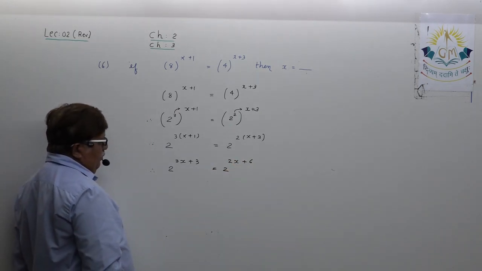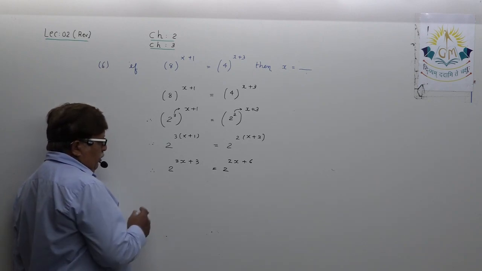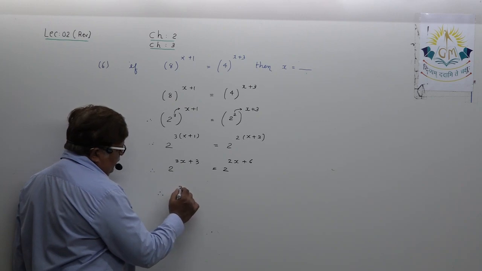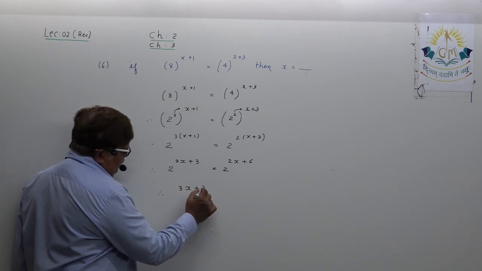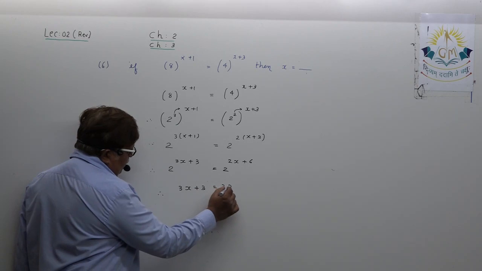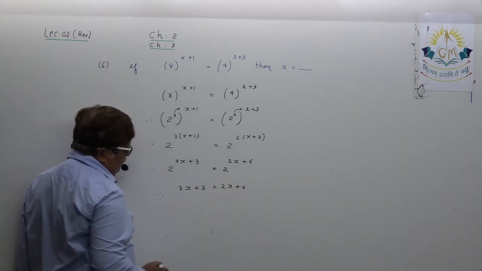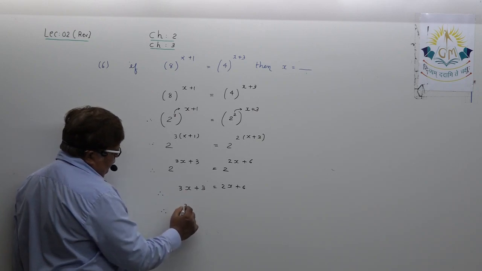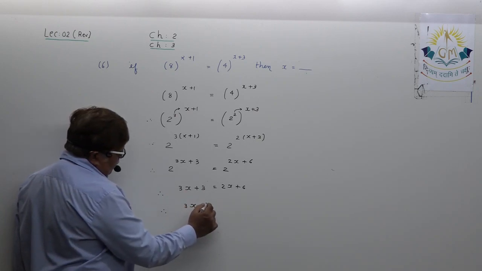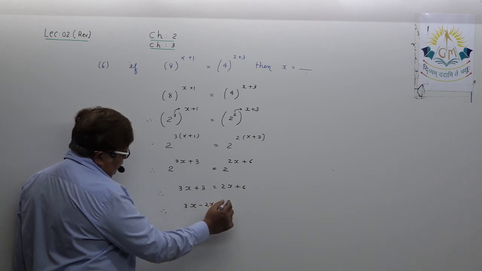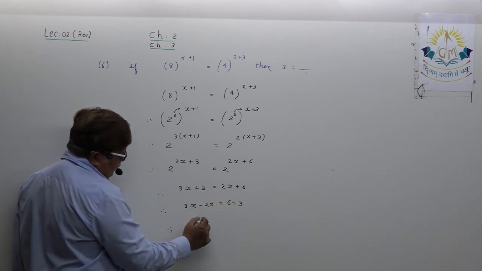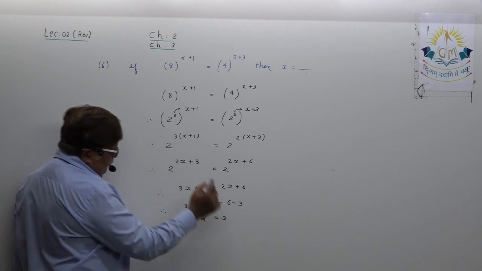In between the equal to sign, the bases are equal, so the powers can be compared. 3x plus 3 equals 2x plus 6. Just transfer the terms. 3x minus 2x equals 6 minus 3. So x equals 3.